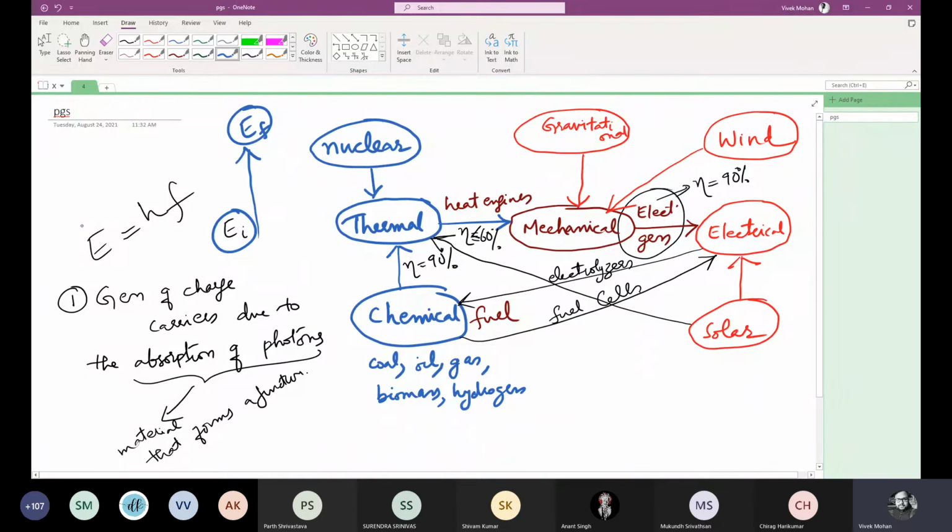What is the photon energy? Photon energy is E equals hf, right? So the difference in energy levels, EF minus EI, is the energy provided by the photon. So hf equals EF minus EI.